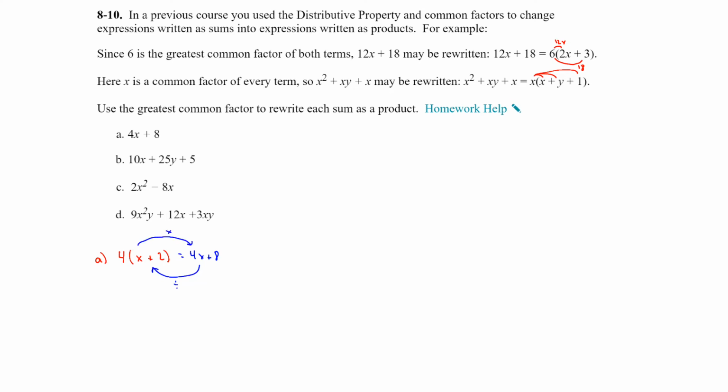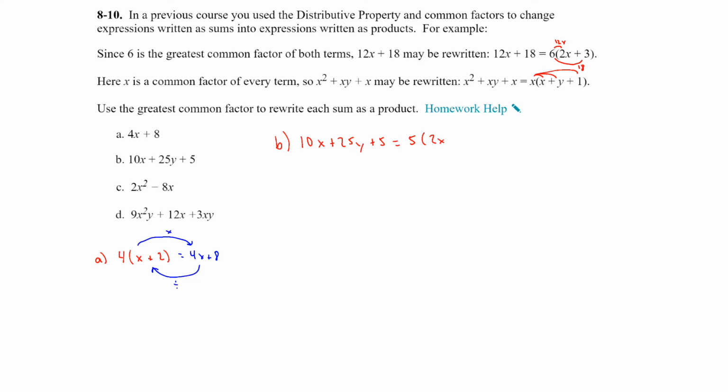All right, so let's go ahead and look at B. 10x plus 25y plus 5. I'm going to write this out. What's in common between 10x, 25y, and 5? Well, 5 would be the greatest common factor. So now you're going to work backwards. 10x divided by 5 is 2x.